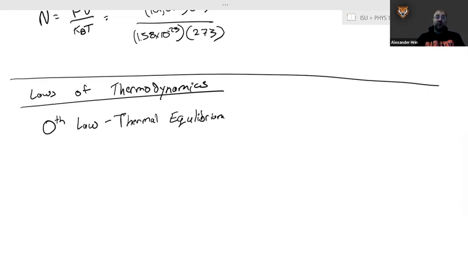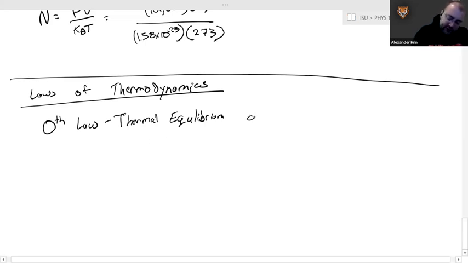So static equilibrium is when you had no acceleration. When you had non-equilibrium, that's when you had an acceleration, that's when the kinematics laws came into effect, all sorts of things like that. So thermal equilibrium occurs when two systems, we'd say these two systems are in thermal equilibrium if they have the same temperature.